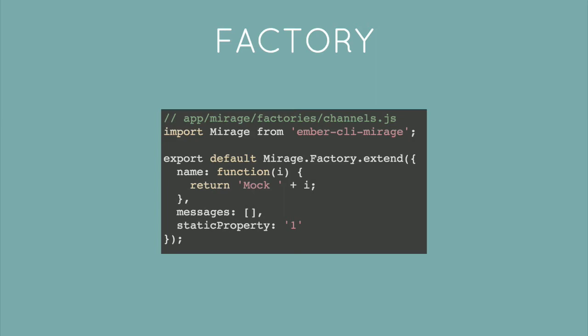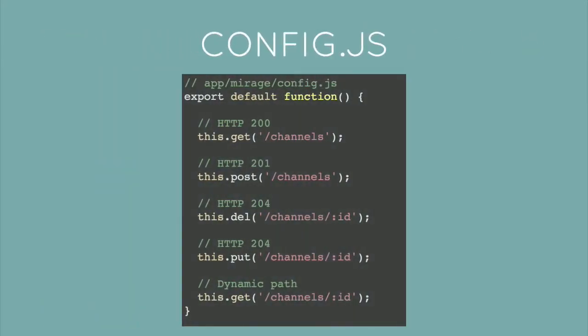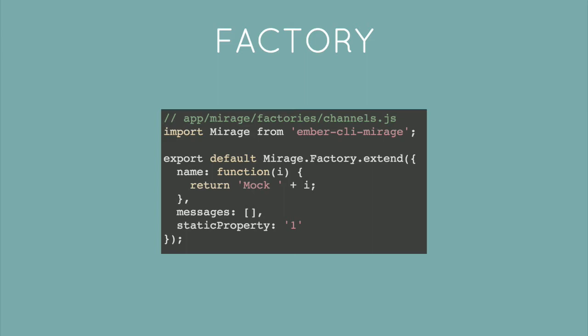So let's talk about the factory file for a second. When you create a new endpoint, let's say we're going to get channels, if we want to use these in tests, we have to use a factory class. The factory class allows us to say, we want to create 5 new channels, and I want this factory to fill out some of these default properties for me.